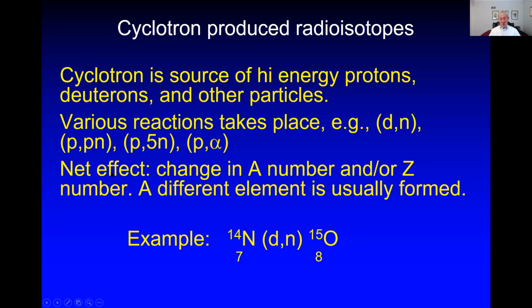And the net effect is always going to be that we're going to end up with a different element. For example, if we wanted to make oxygen 15, we would take ultra pure nitrogen 14 from the air that we're breathing right now, bombard it with deuterium, out comes a neutron, and it makes oxygen 15. These are different elements. We can always separate different elements from each other.